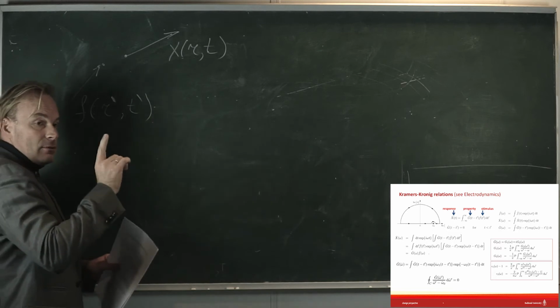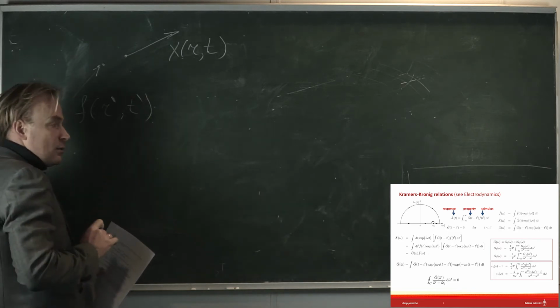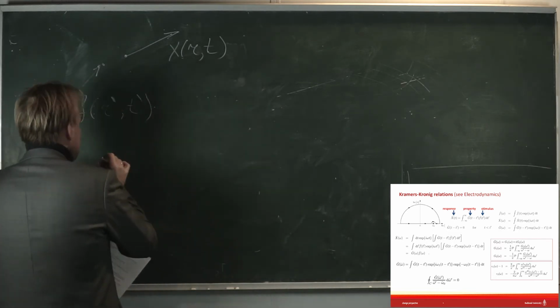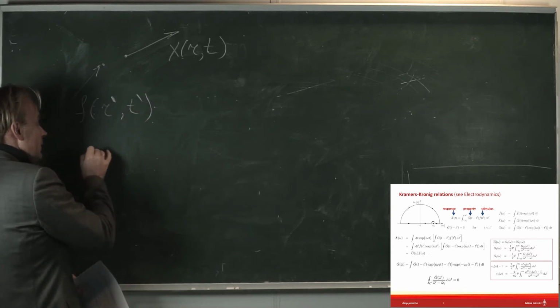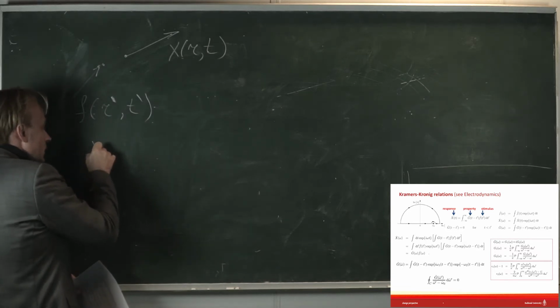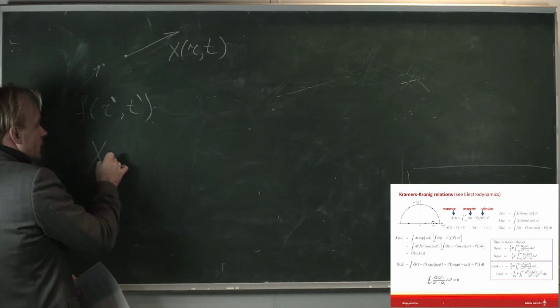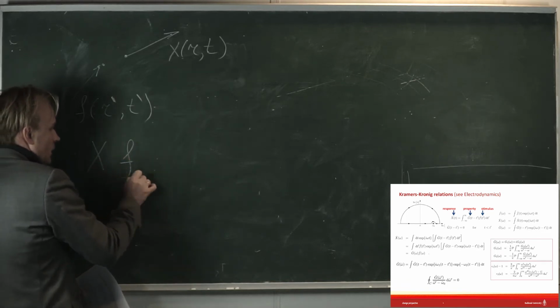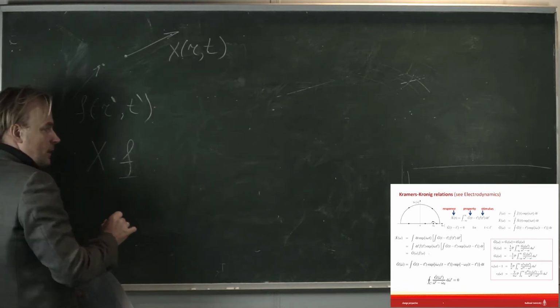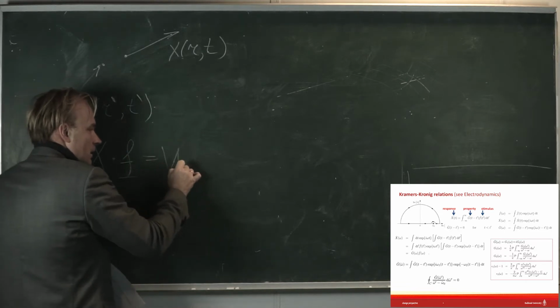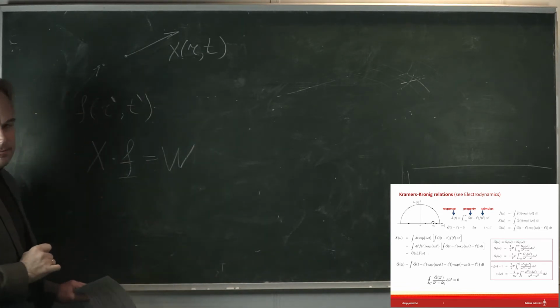It is very important for Kramers-Kronig relations, but very often people overlook this fact, that you begin your proof with the statement that force times response should give you the energy of interaction.